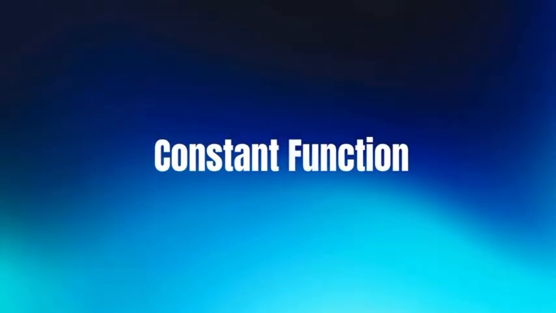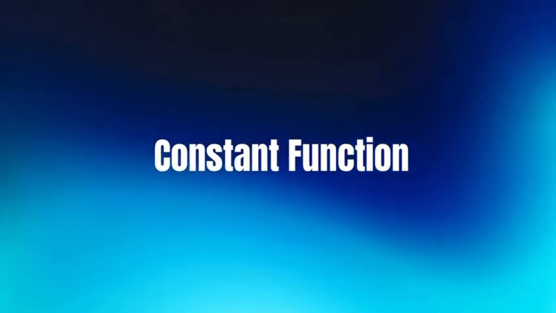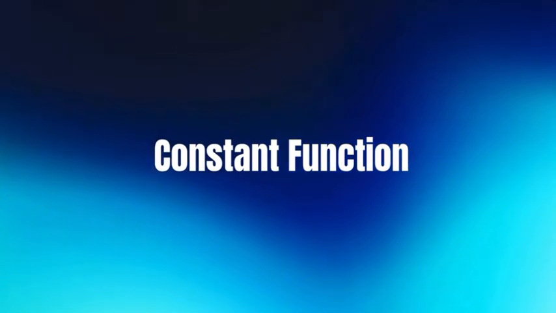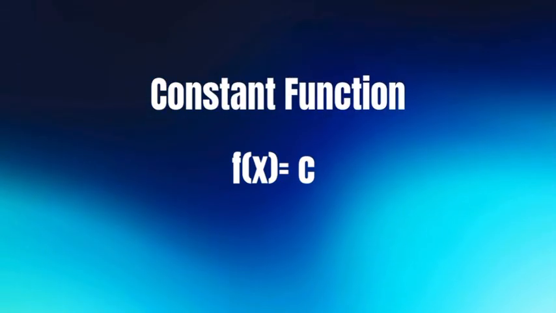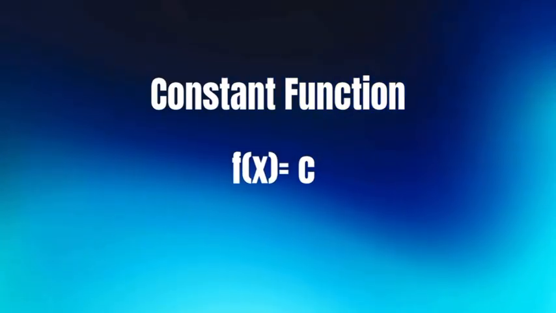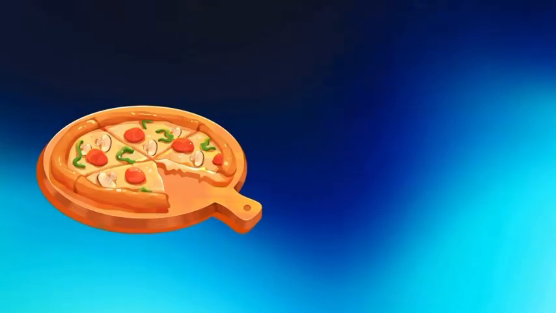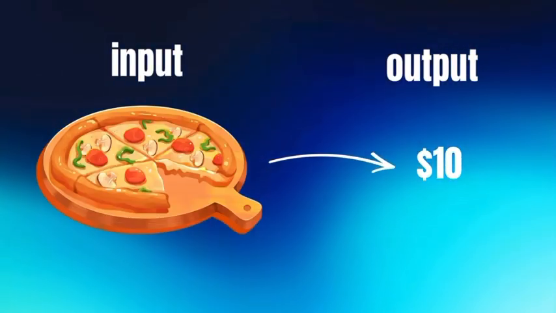Now let's look at the constant function. In this case, the output is always the same constant value, regardless of the input. We write this as f(x) = c. Think of an all-you-can-eat buffet. The price is fixed at, let's say, $10. It doesn't matter if you eat one slice of pizza or 5.